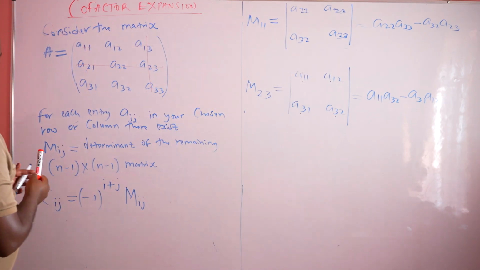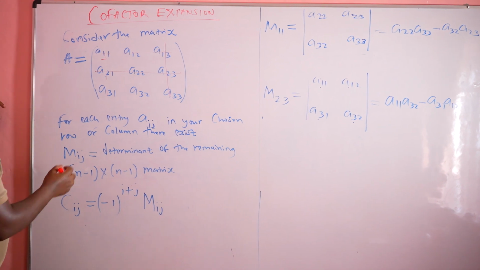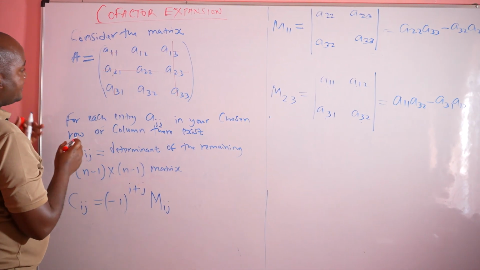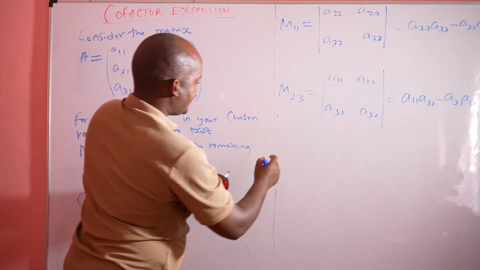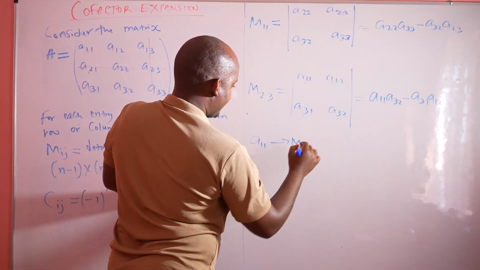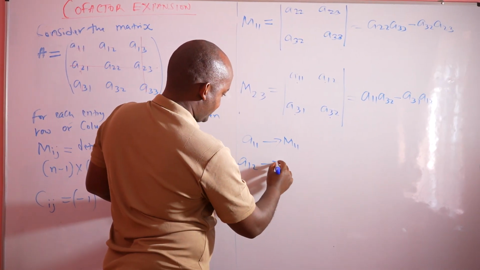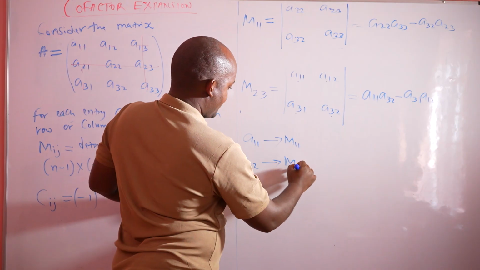Now this means that each and every entry here has a corresponding minor. So when you talk of A11, that is a small 11, then you should think of the minor M11. When you talk of A12, then you should think of the minor M12.